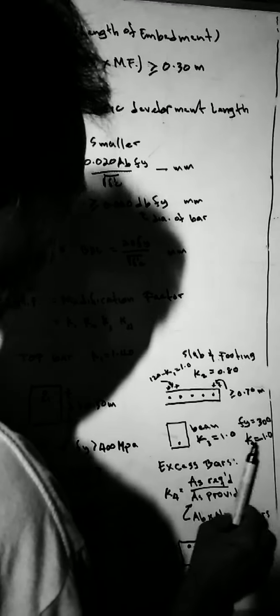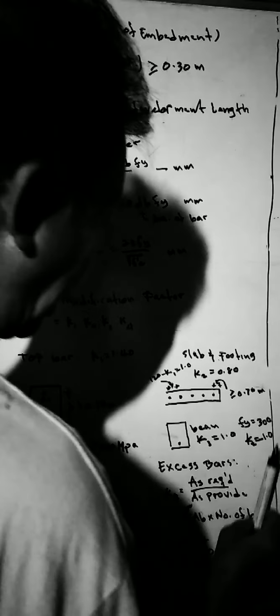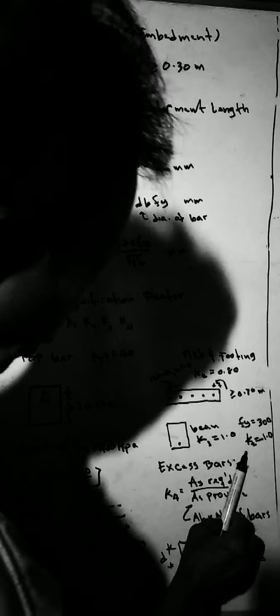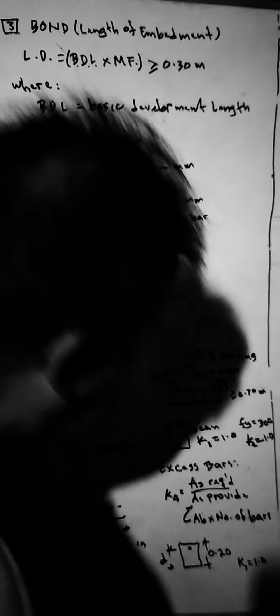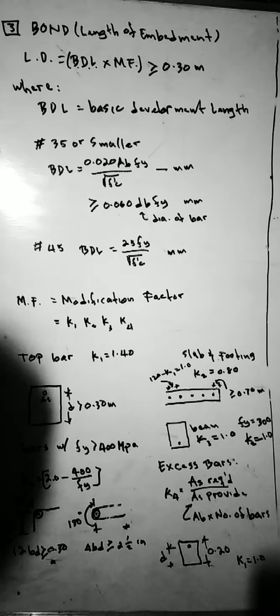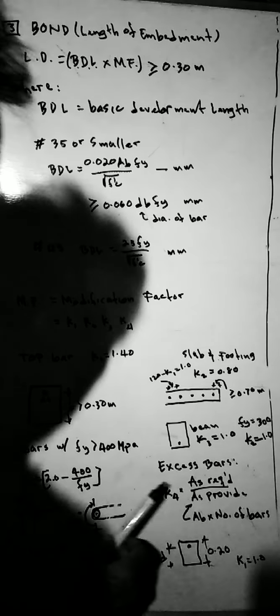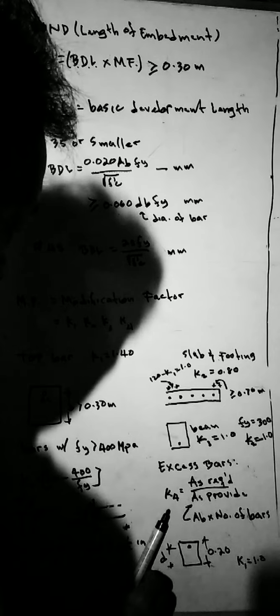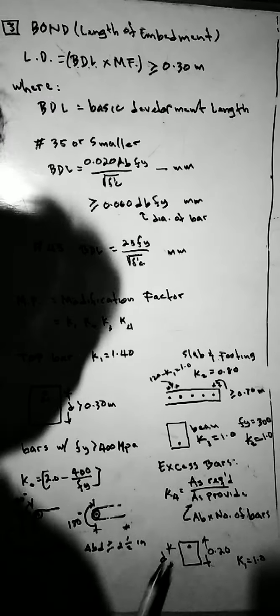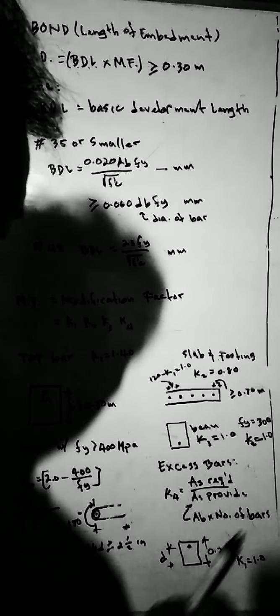And for Fy equal to 300 megapascal, the K2 is equal to 1.0. And for the excess bar, the K4 is equal to As required over As provided.